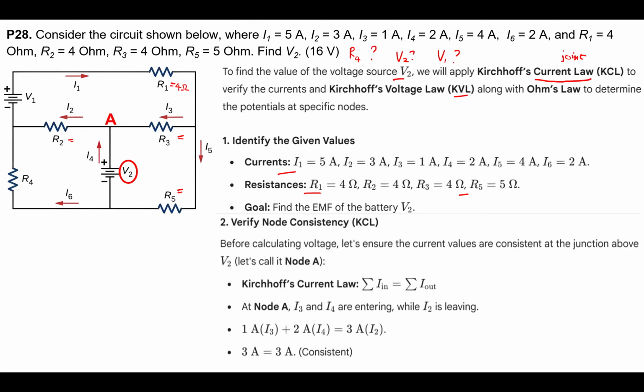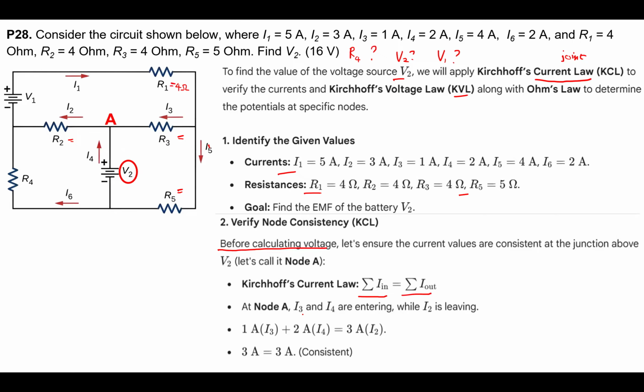So what we are going to do here is a kind of routine. I just want you to look at what is being done. Before calculating the voltage, let's ensure the current values are consistent at the junction of V2. We call it A. At this junction, we have I3, I4, and I2. What is coming in is going to be coming out.